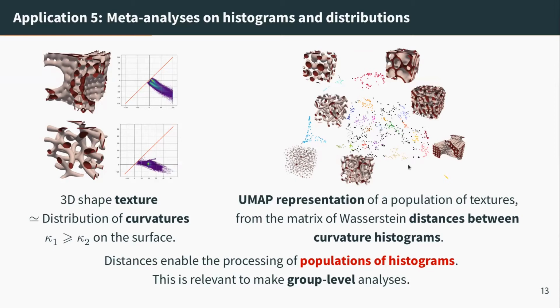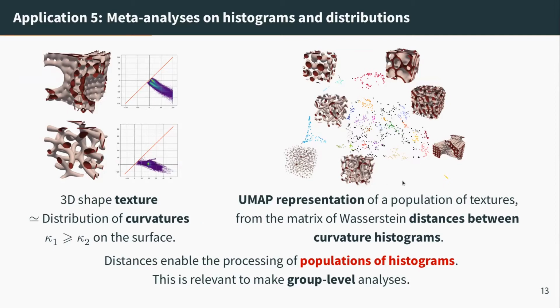So here, this is a UMAP representation of a population of 1,000 textures that has been generated by first, for these 1,000 textures, computing a diagram, and then computing a full matrix, a 1,000 by 1,000 matrix of distances between those histograms. And here, it was the Wasserstein distance that is induced by optimal transport. We're going to see that at the end of the lecture.